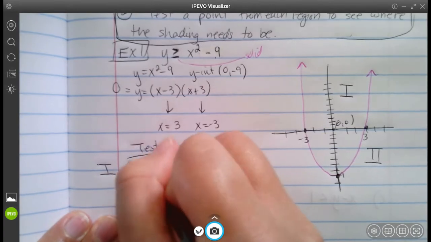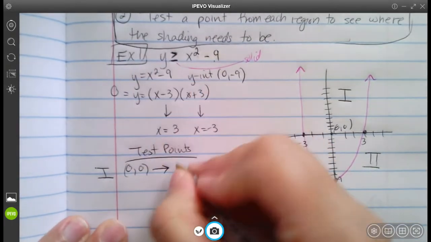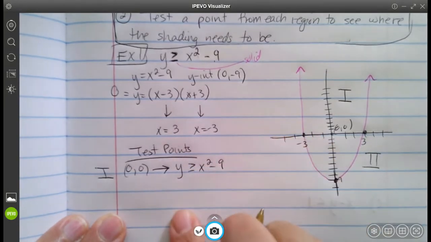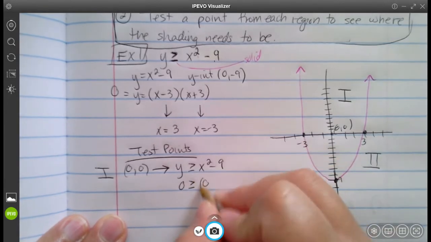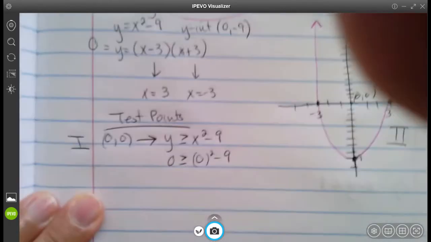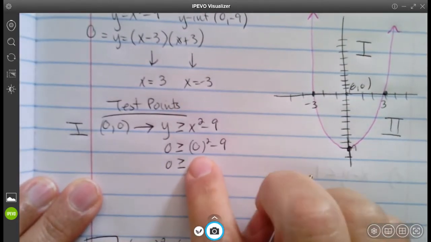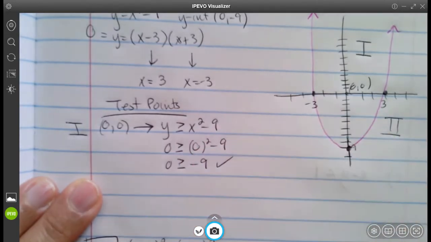I'm just going to plug that into my equation. So y greater than or equal to x squared minus 9. So 0 greater than or equal to 0 squared minus 9. Let's see if this is a true statement. 0 is greater than or equal to 0 squared, which is just 0, so I have minus 9. This is in fact true.